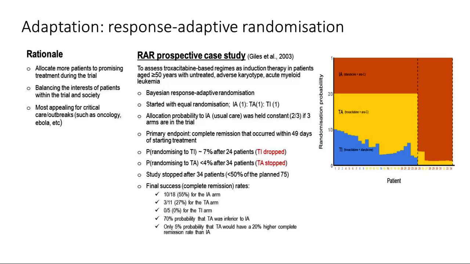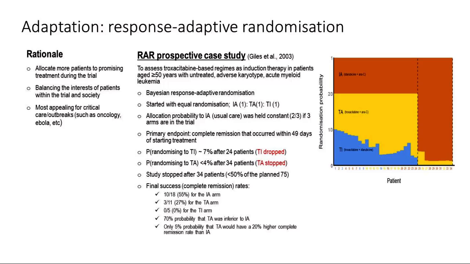Yeah, just in response to adaptive randomization, one of the assumptions is that the patient population is homogeneous across the duration of the trial. And I think the big caution with outbreaks is that often that's not the case, because early on in an outbreak, you only see the severe cases, and then you implement public health measures, and you go out looking for cases and doing contact tracing, and you start to see the milder cases.